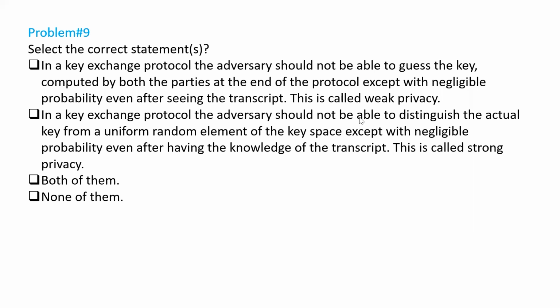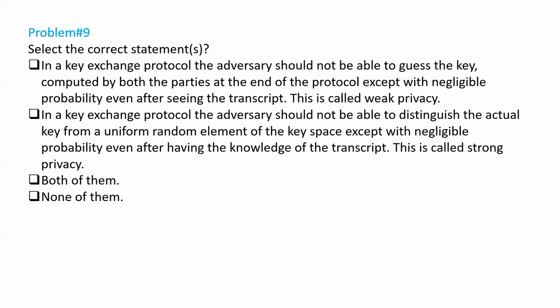So for this question, weak privacy is where we ensure that the adversary should not be able to guess the exact key which is output from the key exchange protocol run by both the parties. Coming up with the exact key is possible only with negligible probability by the adversary. This is the weak privacy concept of key exchange protocol.